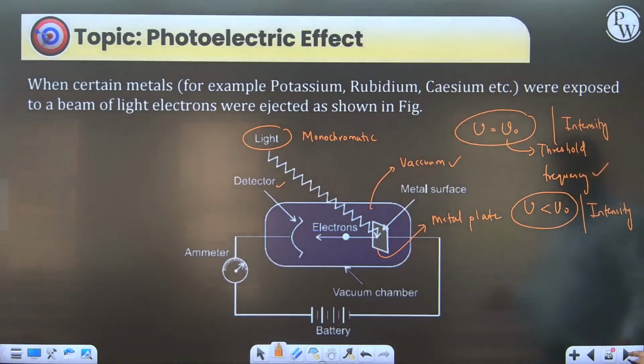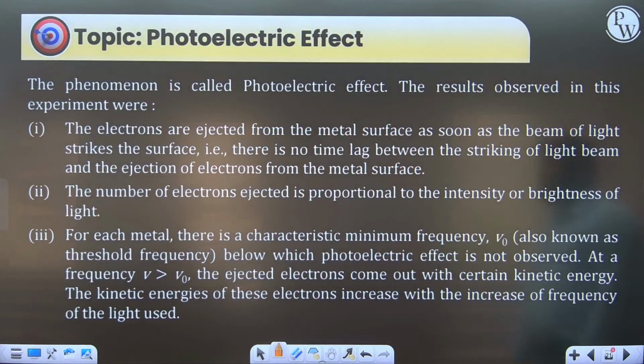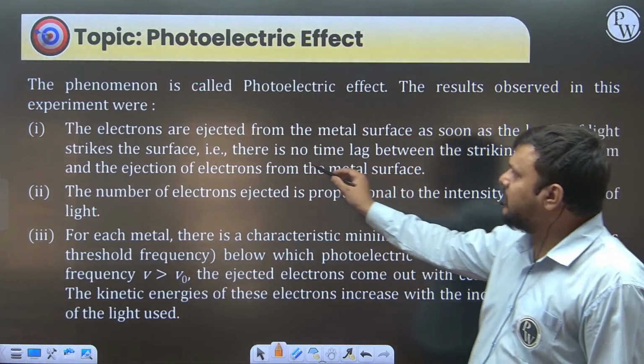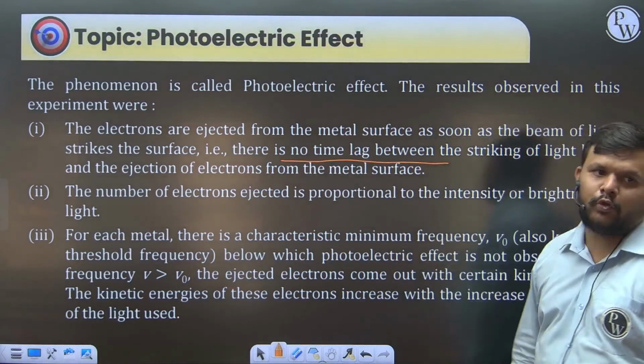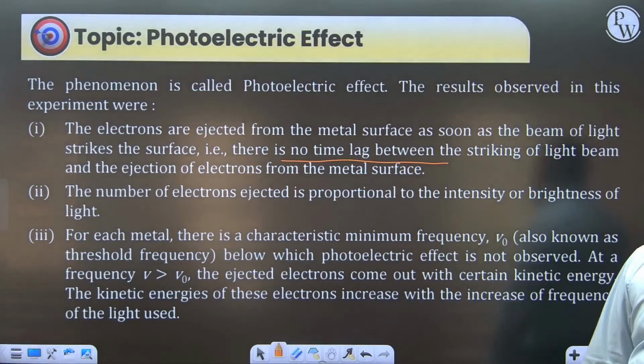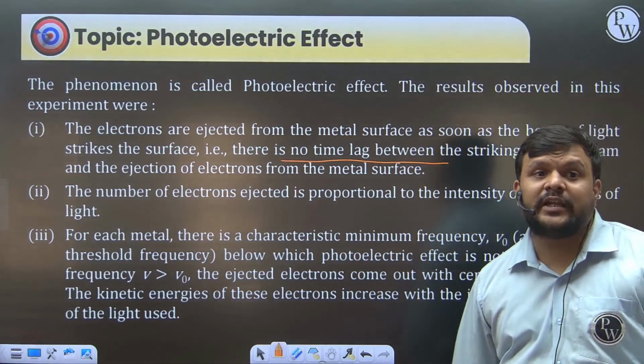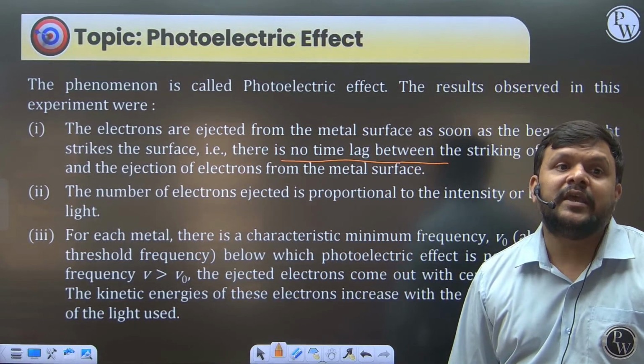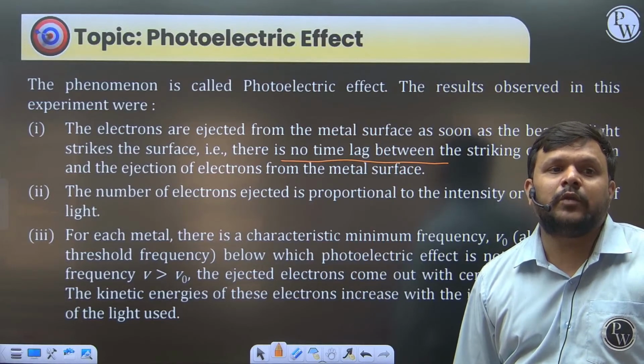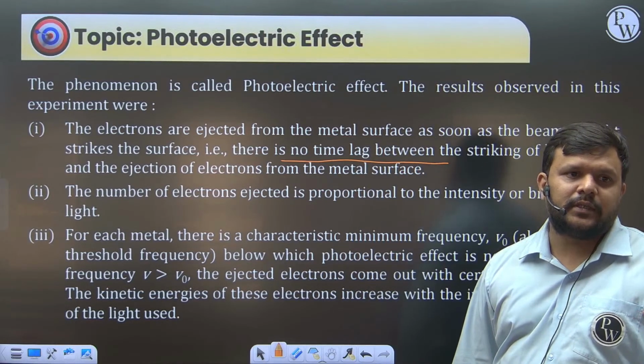And so the observations over here, as we discussed, were that there was no time lag. As the photon got incident, the electron was ejected, and it was ejected only when the frequency was greater than or equal to the threshold frequency.